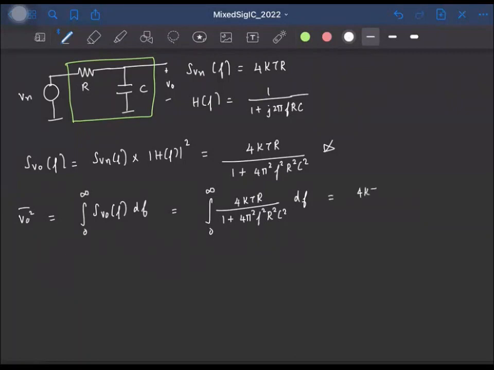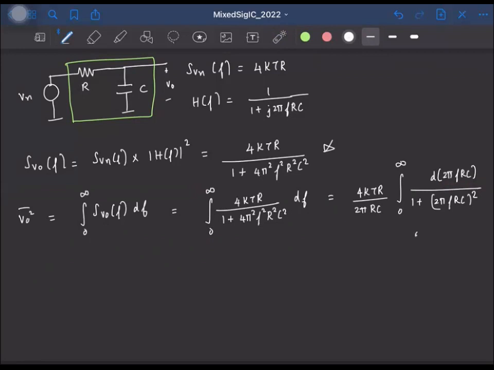I'll take 4kTR outside the integral. In the denominator I have 2 pi fRC whole squared, so I'll try to make the numerator also of that form. So I will say it's d of 2 pi fRC. Since I'm multiplying by 2 pi RC extra, I'll divide by it here: 2 pi RC, divided by 1 plus 2 pi fRC the whole squared, right? And since f is going from 0 to infinity, even 2 pi fRC will go from 0 to infinity. There is no change in the integral limit.